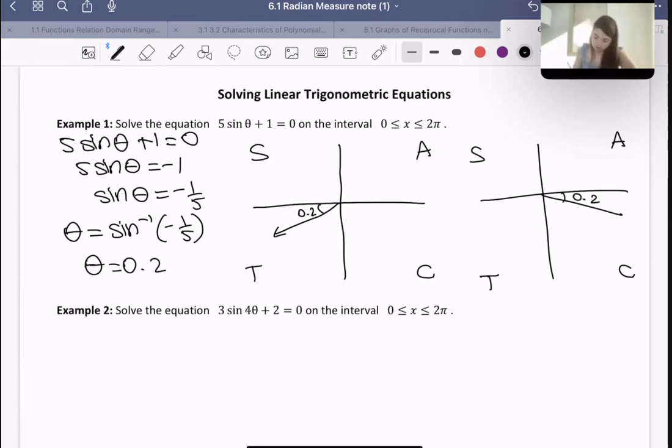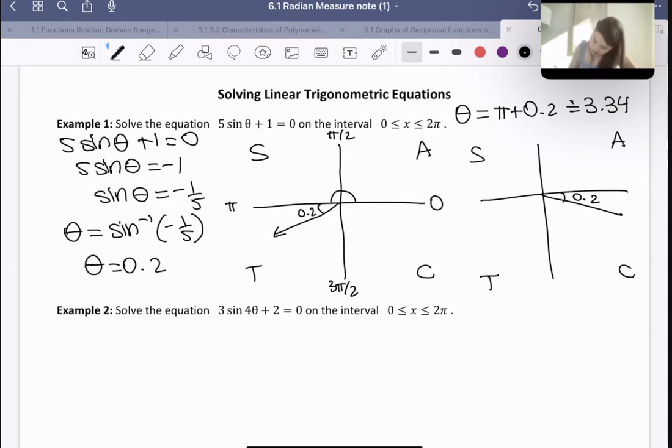So this one is clearly, if we have 0, pi over 2, pi, and 3 pi over 2 like that, pi plus 0.2 as our first solution, right? So theta is equal to pi plus 0.2, which is approximately 3.34, because pi is about 3.14.